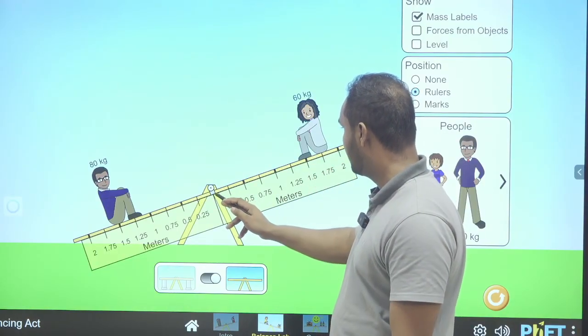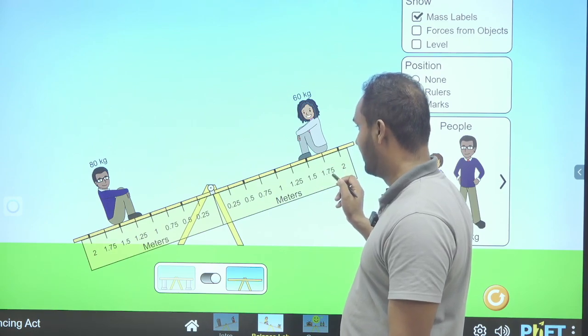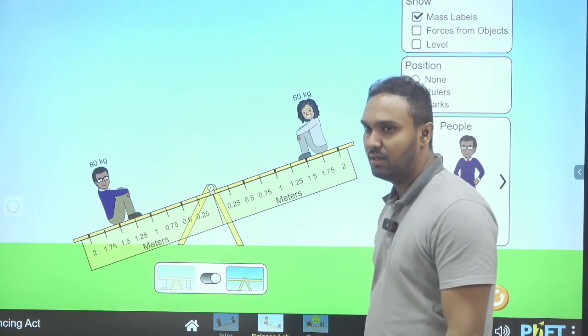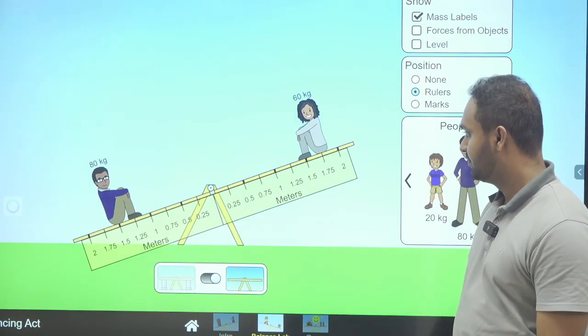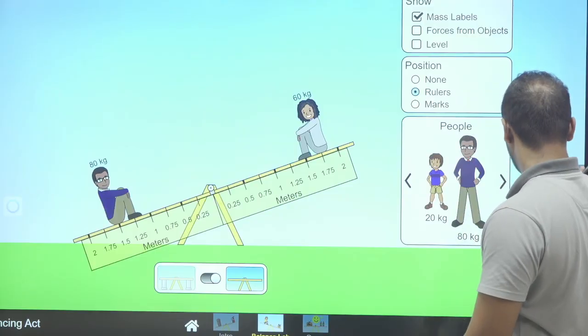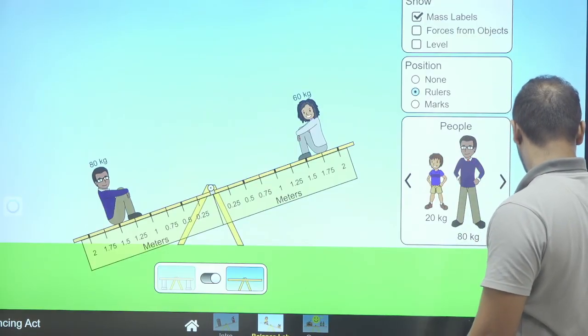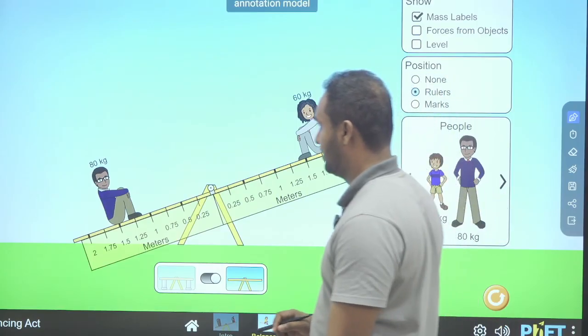The distance from the pivot point is 1.75 into 600 newtons. Can someone tell me the value? 1050, right?